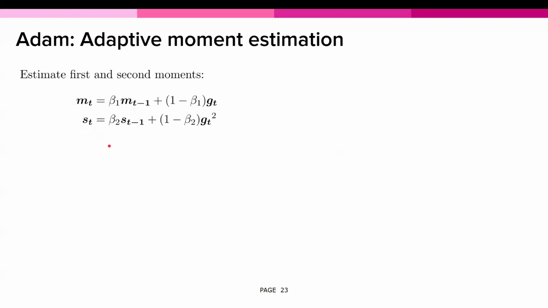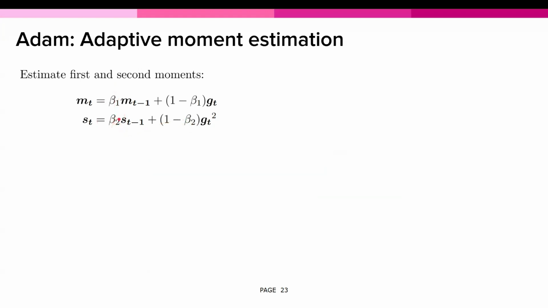The momentum term, m sub t, is an exponentially weighted moving average of the gradients, controlled by hyperparameter beta 1. Similarly, s sub t is the second moment, a measure of the gradient's variance, and its evolution is controlled by hyperparameter beta 2.